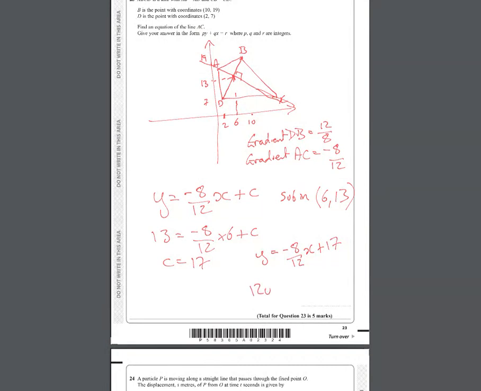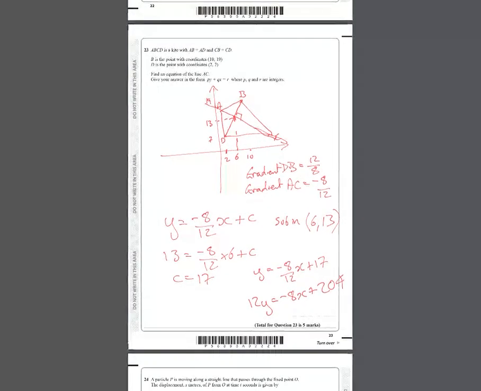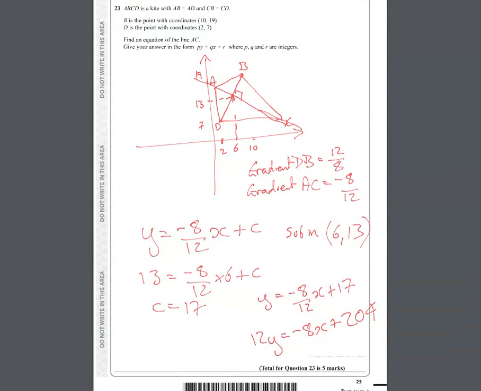So 12y equals minus 8x plus 17 times 12 is 204, and we want it in the form equals, so we've got 12y plus 8x equals 204. If we divide that by 4, I think all those things divide by 4, we've got 3y plus 2x equals 204 divided by 4, which is 51.